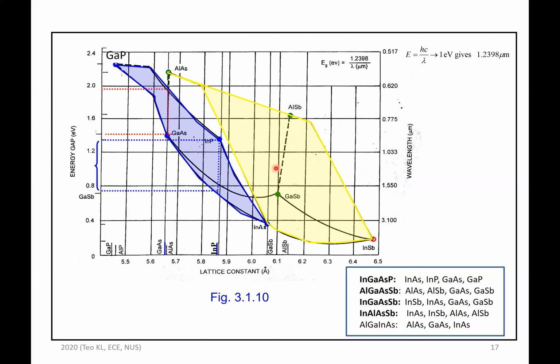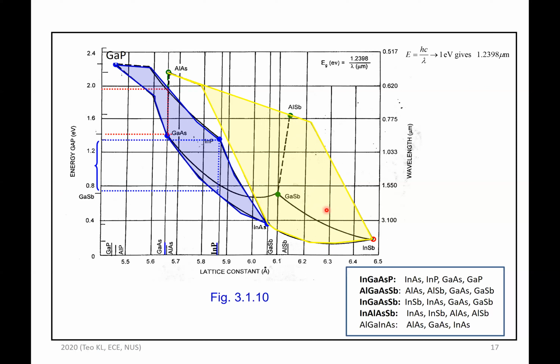Now, of course, you can say that I have a range of band gaps I can grow with such a big region. However, you have to look at the lattice constant. So let's say I pick this point, but there's no appropriate lattice constant that I can grow upon for an indium aluminum arsenide antimonide with a band gap of 0.8 eV.